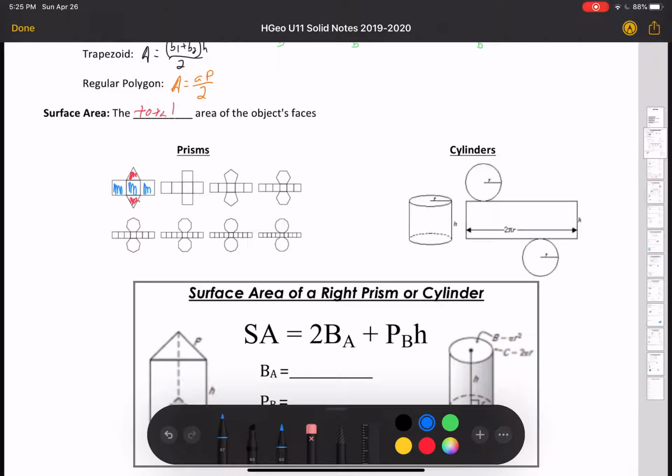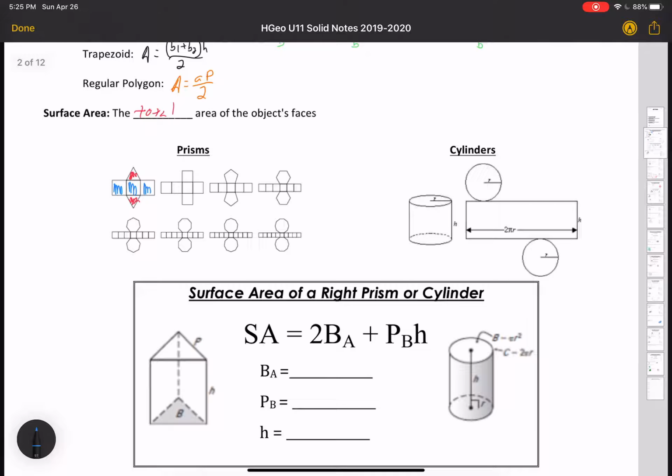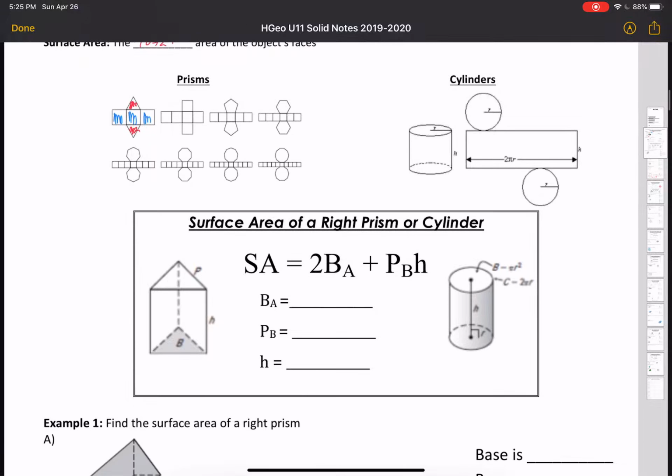that surround it. Okay, so when we're finding the surface area of an object, we are unraveling it and finding the area of each figure that makes up that prism or cylinder for this first part. Okay, and we have a formula to help us out there. Surface area is equal to 2 times the area of the base. So this is base area, okay, because there's two bases.